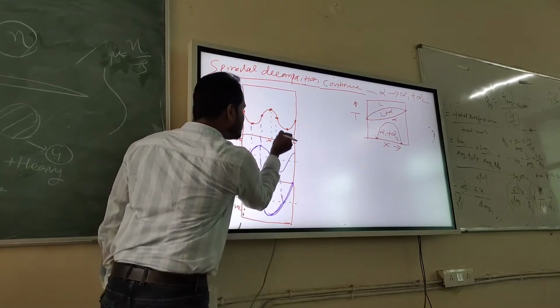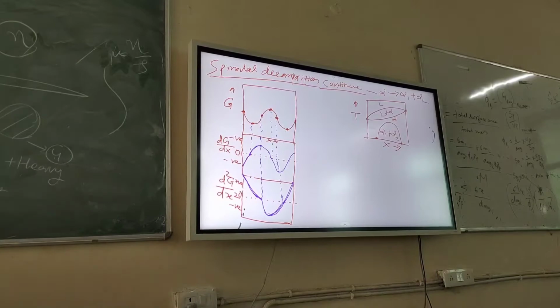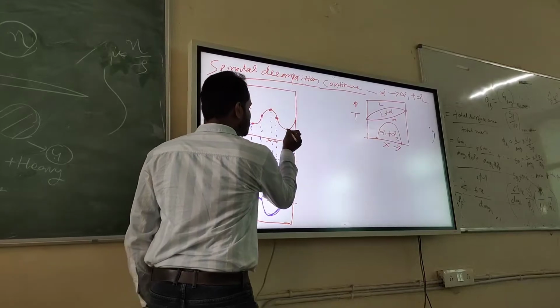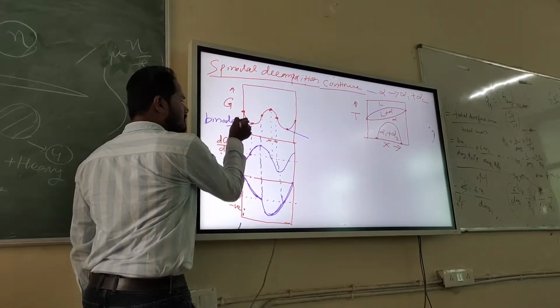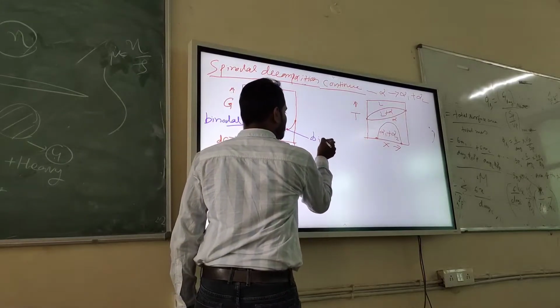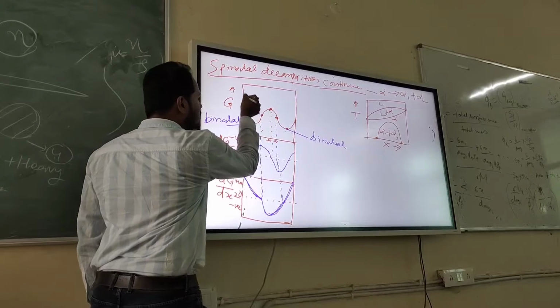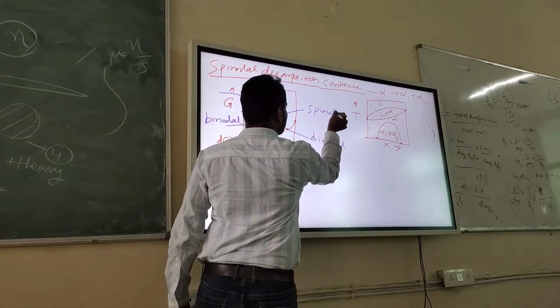This is the line touching these 2 points. And you have to remember this point and this point is called binodal. And this point and this point is called spinodal.